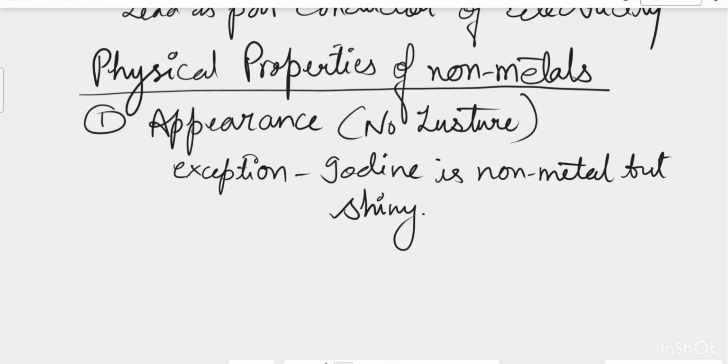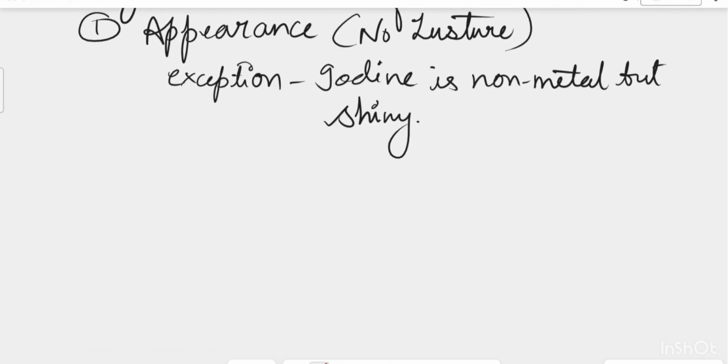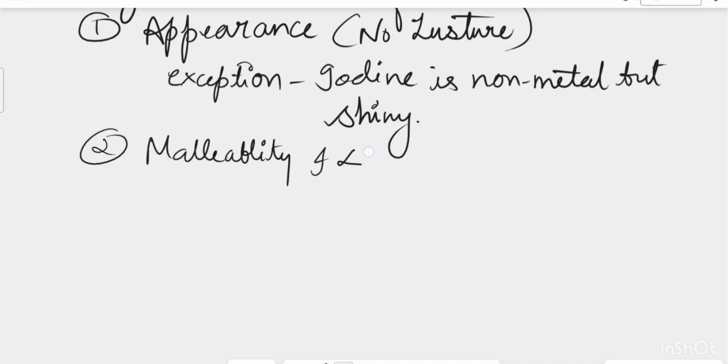Next is malleability and ductility. Non-metals are not malleable and not ductile.